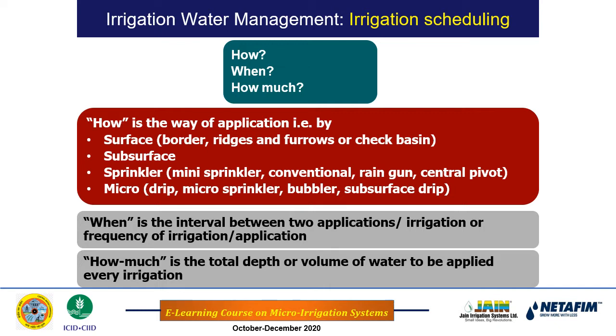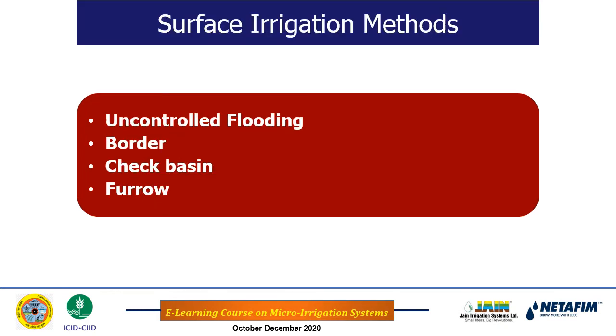As I already told, for how to irrigate there are four methods: surface, subsurface, sprinkler and micro irrigation. Of course we'll be emphasizing more on micro irrigation method, but at the same time we'll see the principles of surface and sprinkler irrigation methods in order to compare them to the micro irrigation methods and understand the pros and cons of the micro irrigation methods.